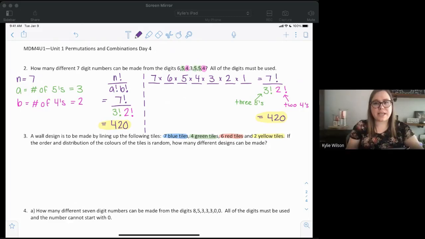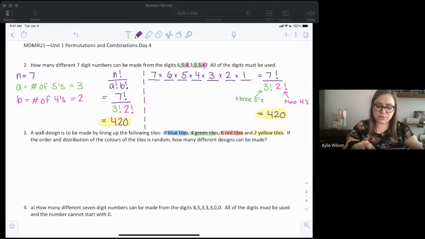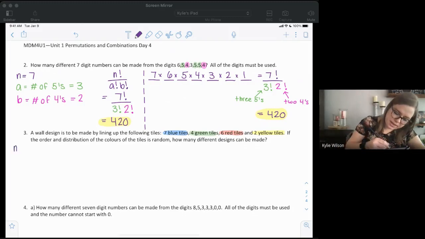Now, if I just had one of the blue tiles first, if I swapped that out with another blue tile, it wouldn't change the order. It would be the same thing. So those are identical elements. So we will start by using our formula. So n is my total number of tiles.